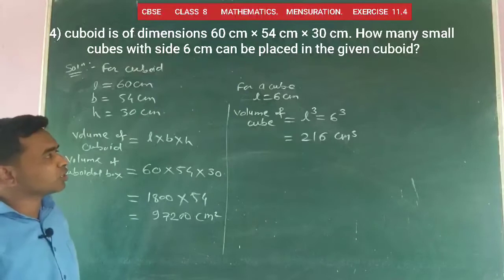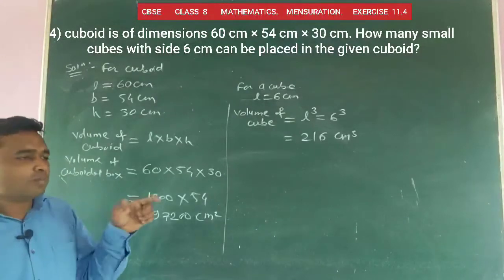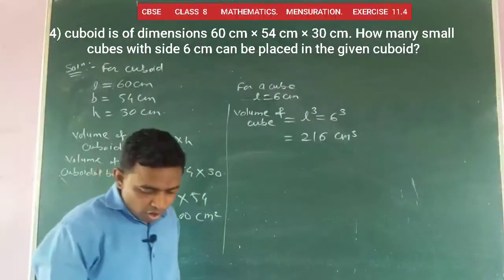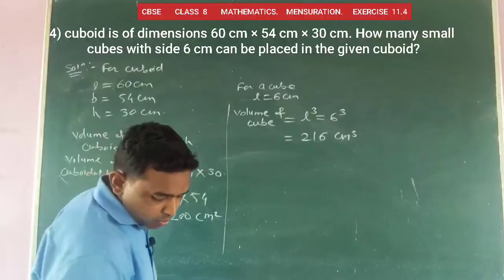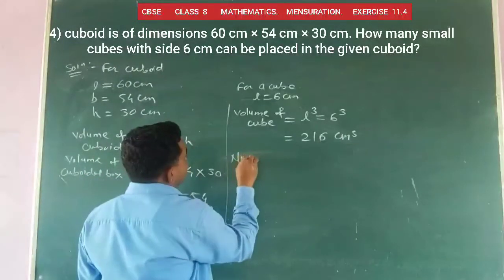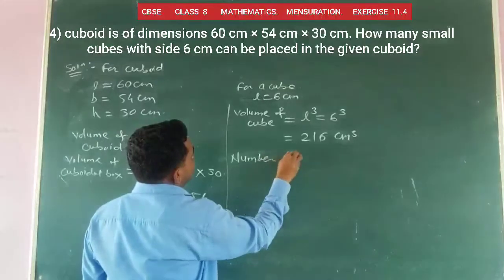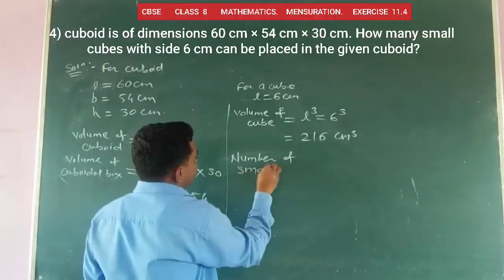And we have to find out the total number of cubes placed in the cuboidal box, that is the number of small cubes.